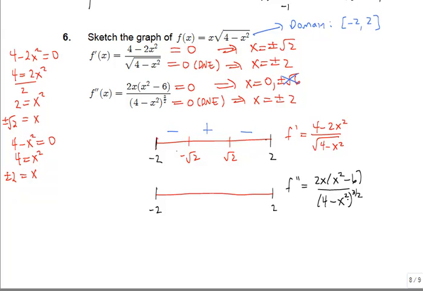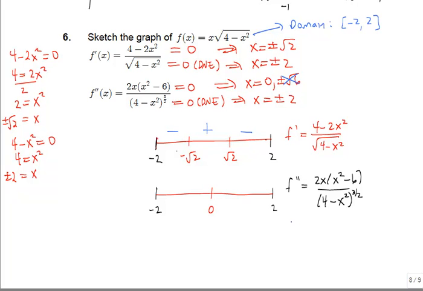That denominator is always going to be positive because we're taking a positive square root and we're making sure that we're staying within our domain. And when I cube it, it'll stay positive. So it's only the numerator that we have to worry about. And the only critical number that I have here was 0 and those 2 endpoints. So let's add 0 in there.